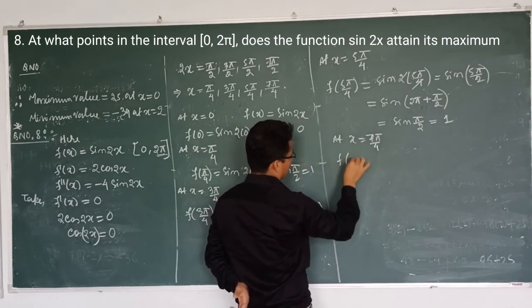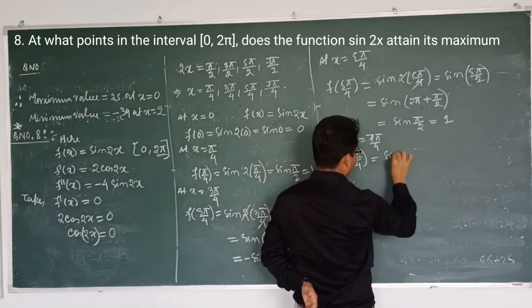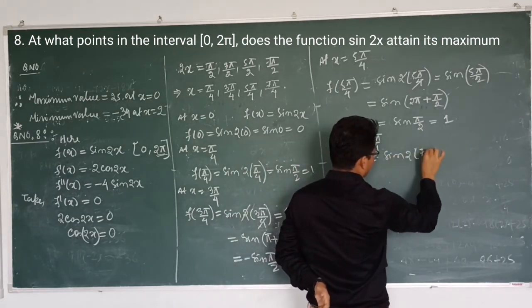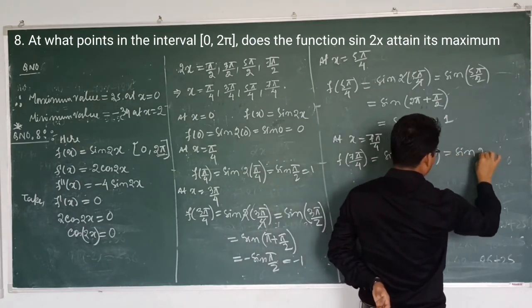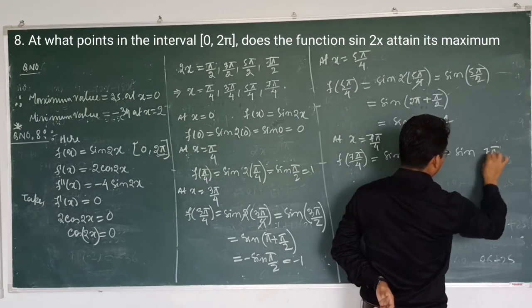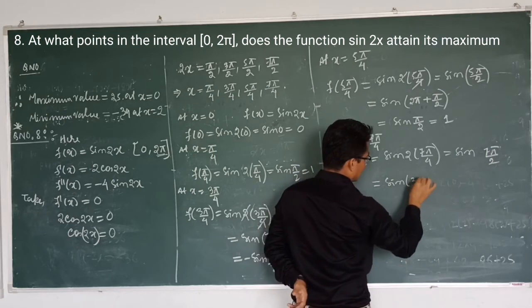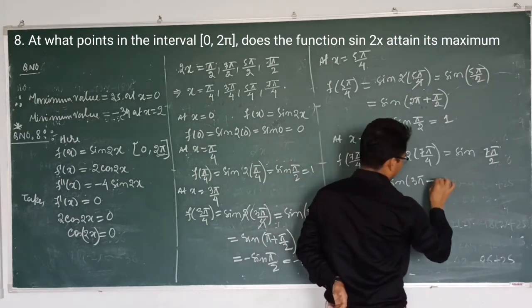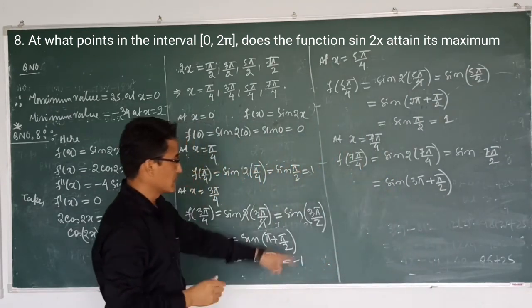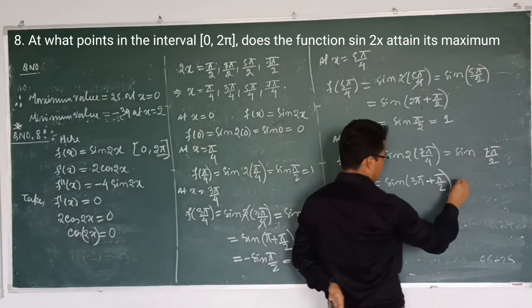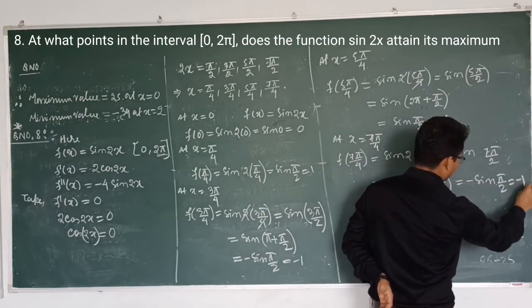So f of 7 pi by 4 is sine of 7 pi by 2. 7 pi by 2 means sine of 3 pi plus pi by 2. 3 pi again lies in the third quadrant, that's why we will get minus sine pi by 2, which is equal to minus 1.